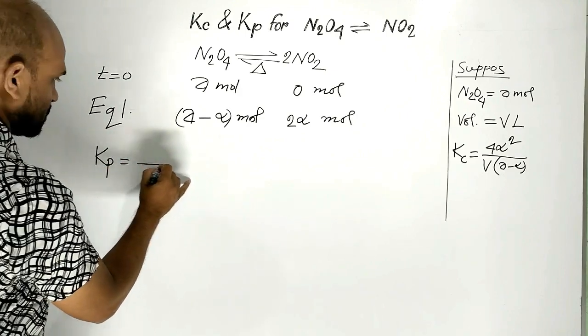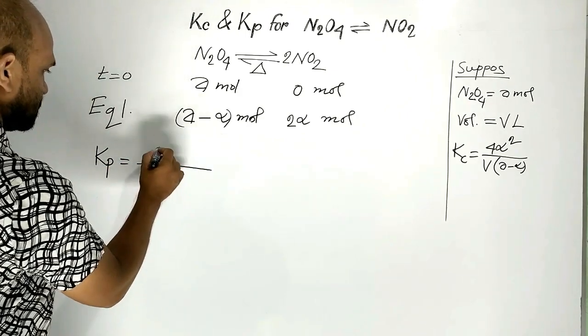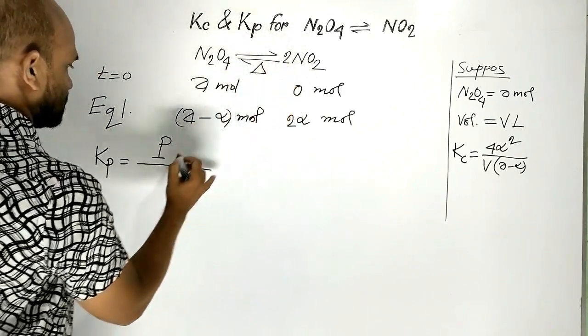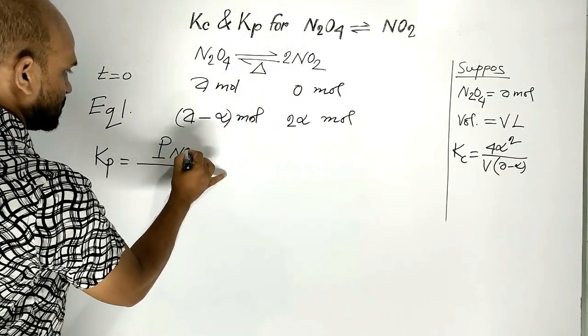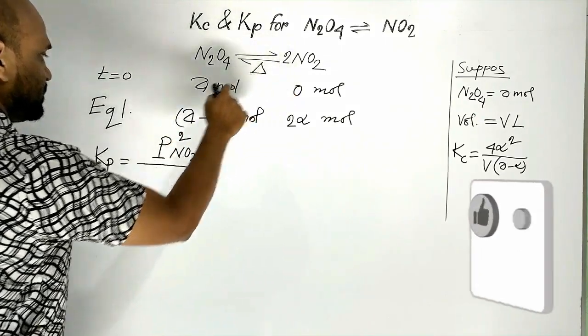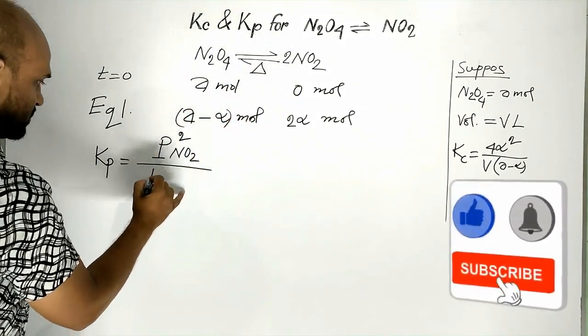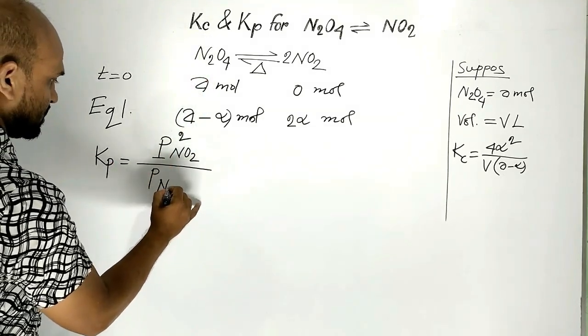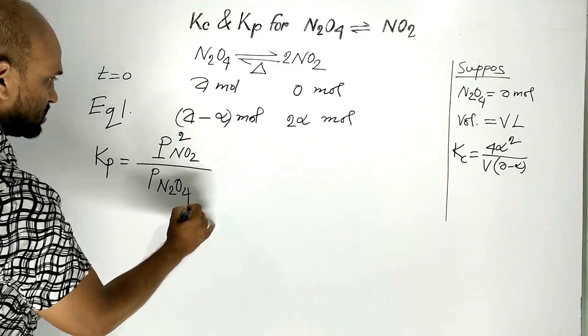Kp is equal to, we can write according to the law of mass action, partial pressure of the product, nitrogen dioxide, here this coefficient 2 will be as power, divided by partial pressure of the reactant, dinitrogen tetroxide.